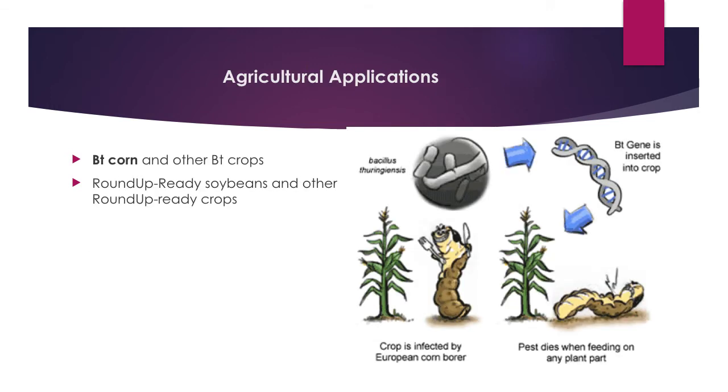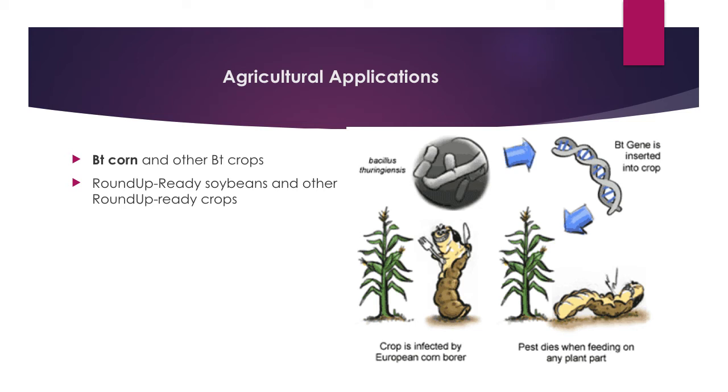Even more important have been some of the agricultural uses. We've cut a gene from a bacteria, Bacillus thuringiensis. That gene is for a toxin that attacks insects, and we've put that gene in corn. Now corn makes a toxin that kills insects.